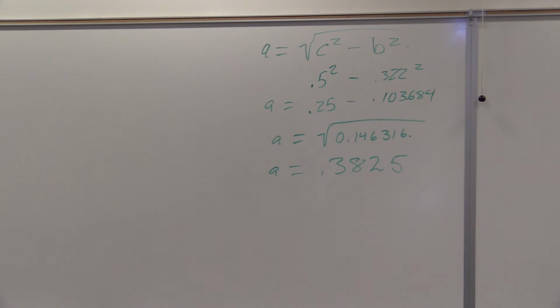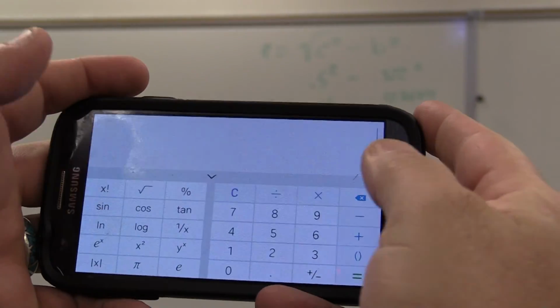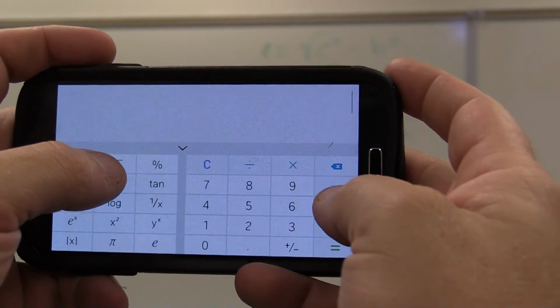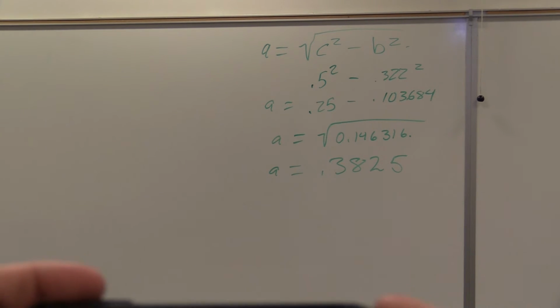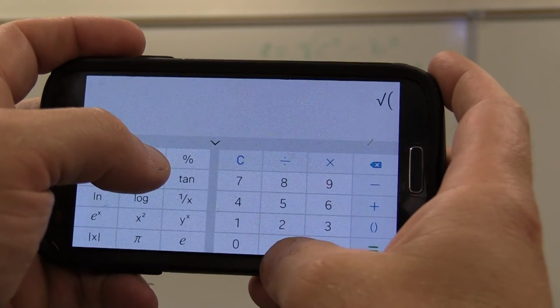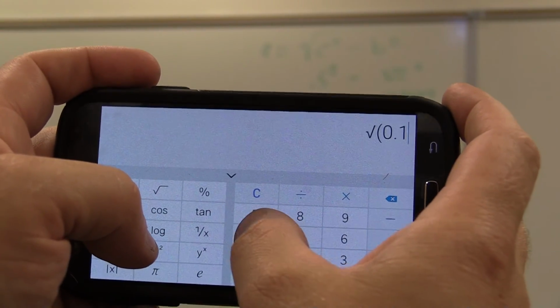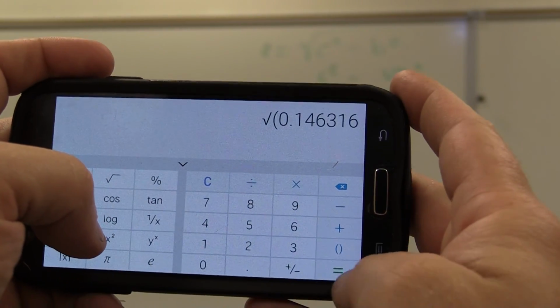So when we look at how we do square roots, the first thing we're going to do is, let's look at our equation. We have 0.146316. Let me get back up here. Square root 0.146316.